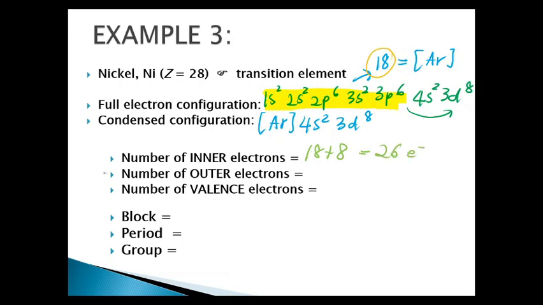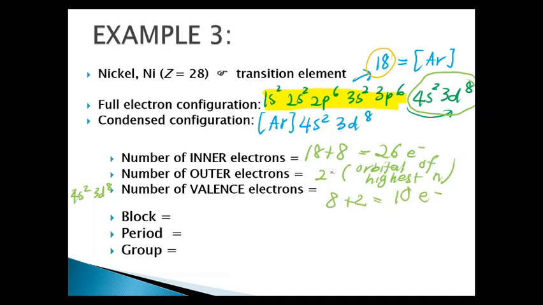18 plus 8 is equal to 26 inner electrons. For the outer electrons, there would be 2, because we look at the orbital of highest n. For the number of valence electrons, 4s2 3d8 is the valence orbital, so 8 plus 2 equals 10 electrons.